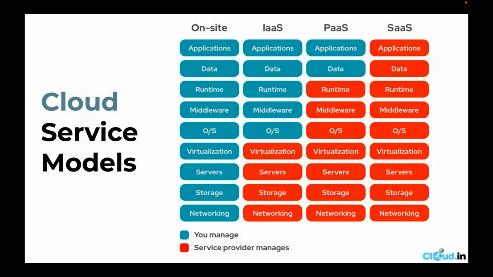So basically, infrastructure as a service contains the basic building blocks for cloud IT, and typically provides access to networking features, computers like virtual computers or dedicated hardware. It can be customized according to your need.